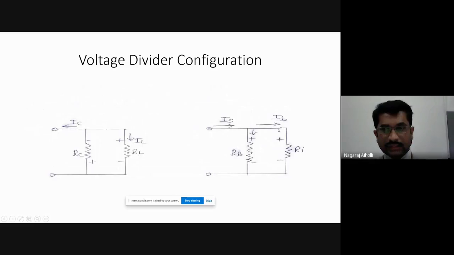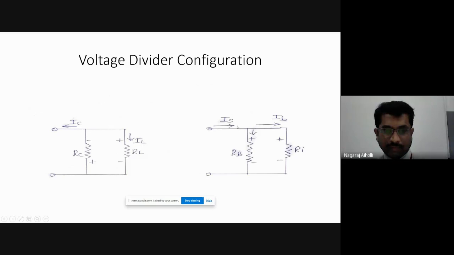If we consider this circuit, what is the total current gain? It is the final current output divided by the final current input. What is the final current output here? This current IL is the final current output. The final current input, the total input current, is IS, the supply current.